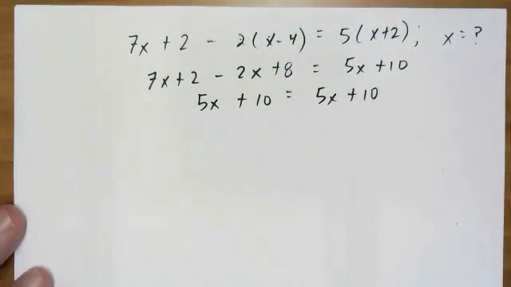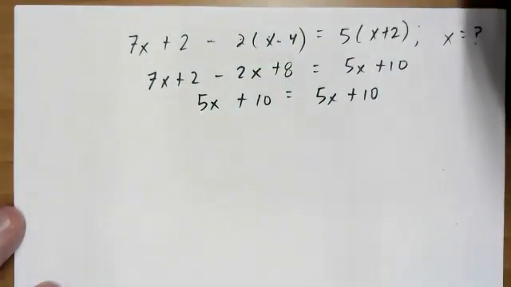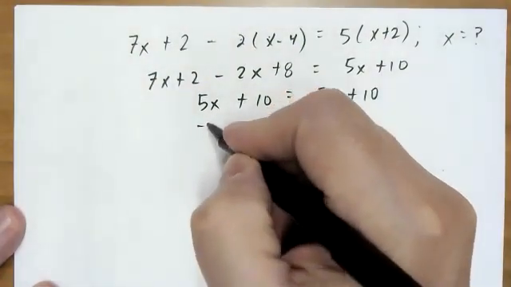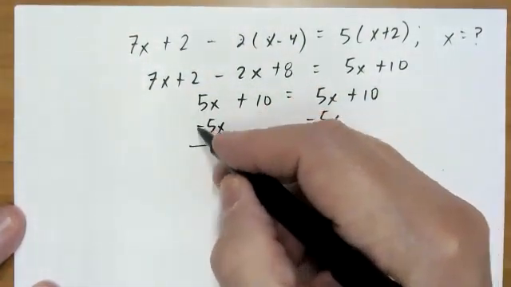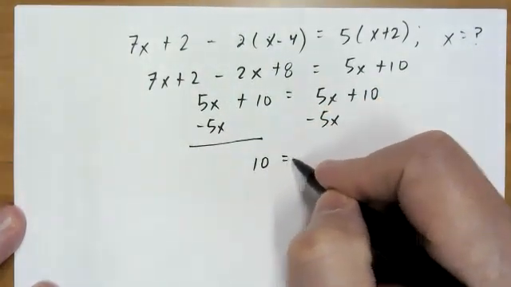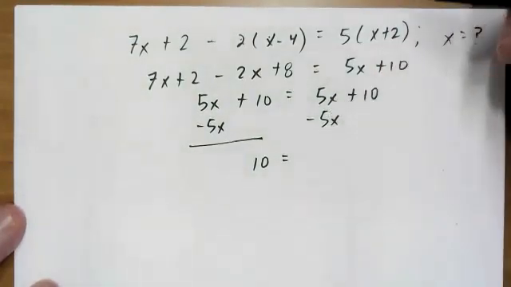So now I would do what I usually do. I'll just try and put the x's on the left-hand side of my equation. So I'll subtract 5x from both sides. So 5x minus 5x is just 0. So on the left-hand side, I have 10. And then the right-hand side, 5x minus 5x is also 0.